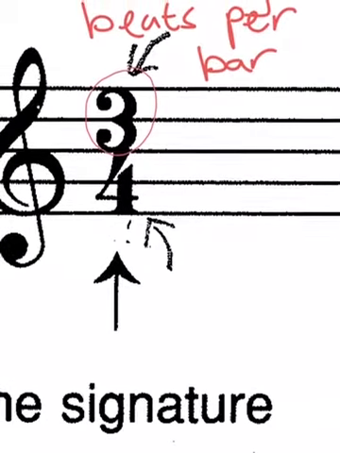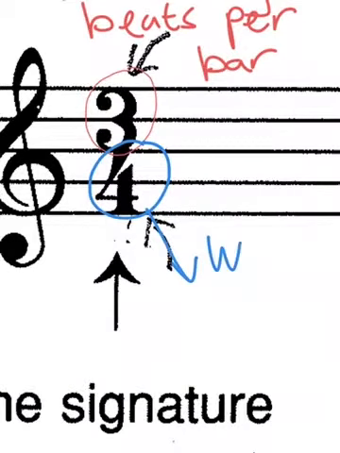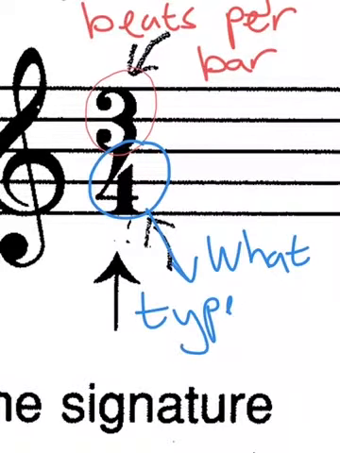Then if we look down here at this bottom number, it is kind of like code language. Okay, so the number at the bottom there actually represents something else, and that tells us what type of beat we are dealing with.